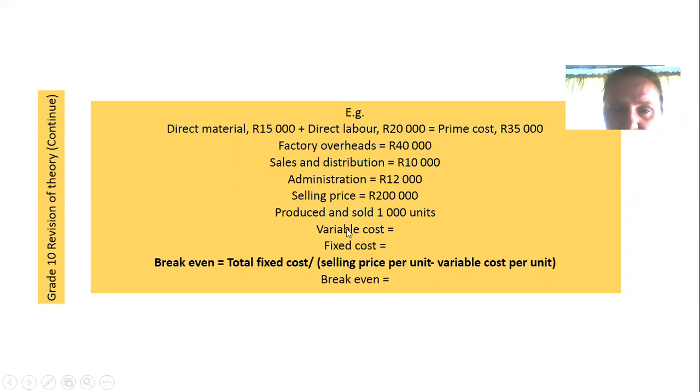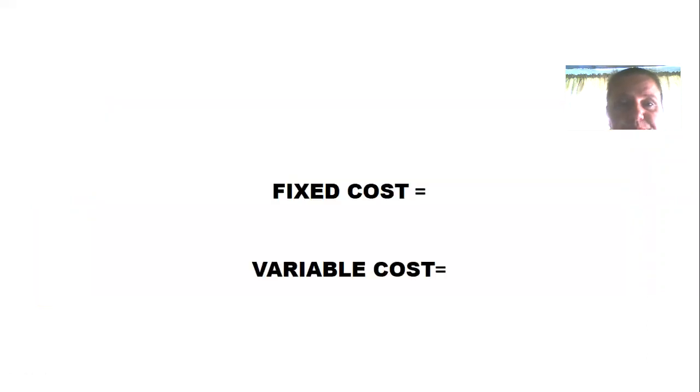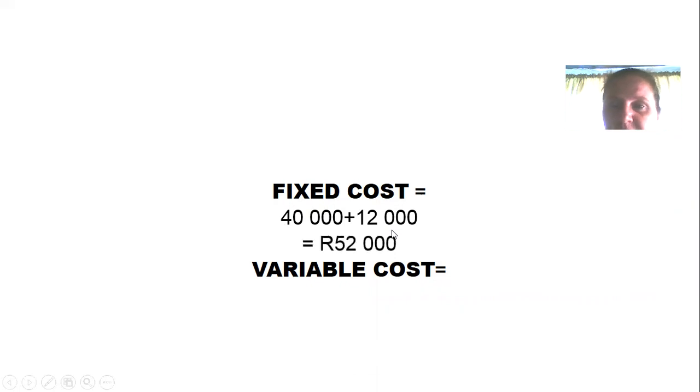Now we're going to calculate my variable and my fixed cost, so that we can calculate break-even. Let's go and do the example. Fixed cost: I'm going to add my factory overheads and my administration together, and that gives me 52,000. My variable cost would be my prime cost and my sales and distribution, and that gives me 45,000.